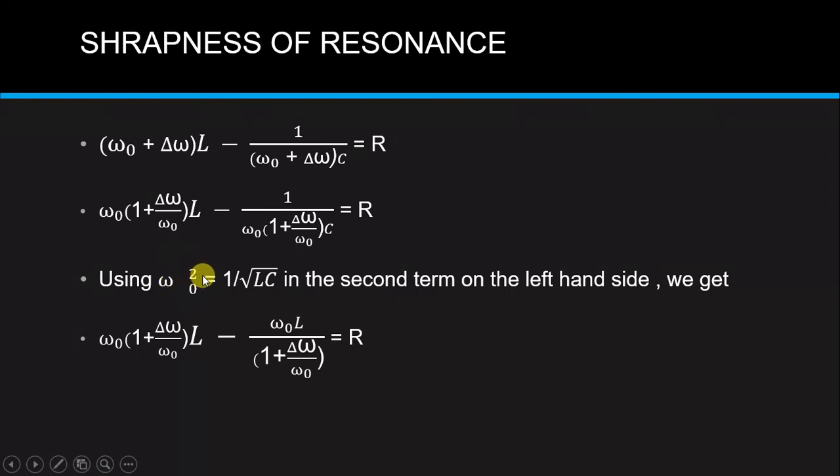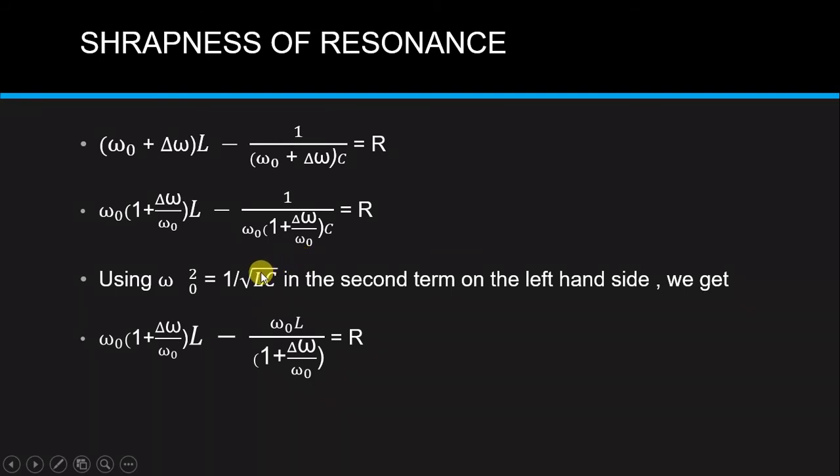Omega 0 is equal to 1 upon the square root of LC. For the second term on the left-hand side, 1 upon omega 0 C is equal to omega 0 times the value of L.